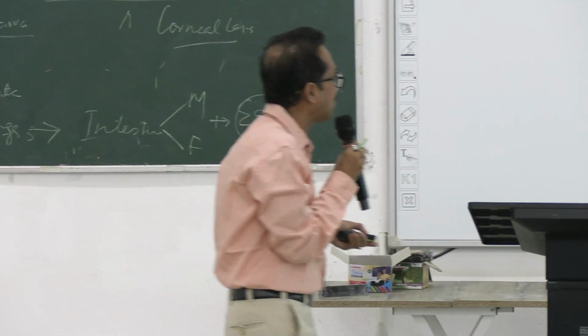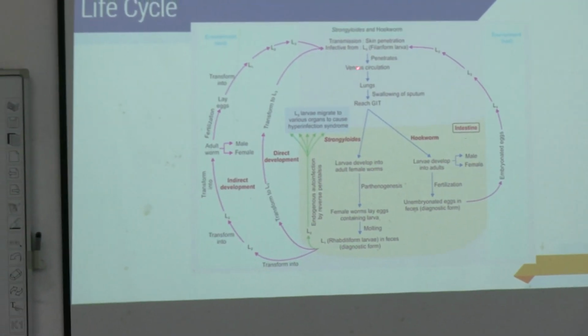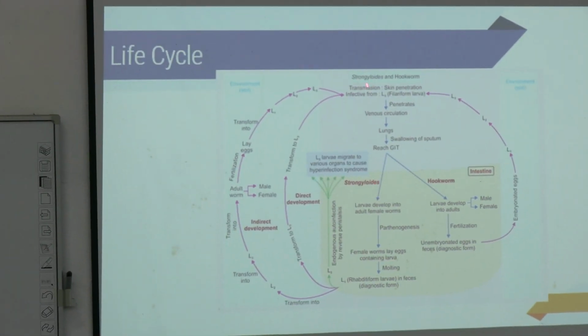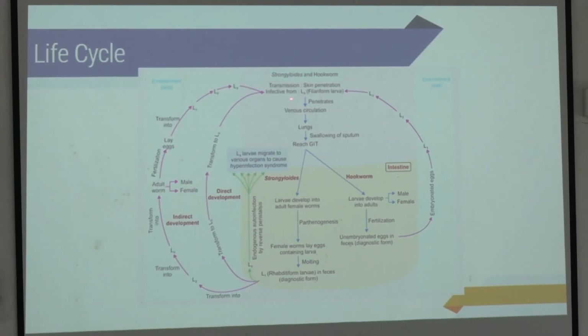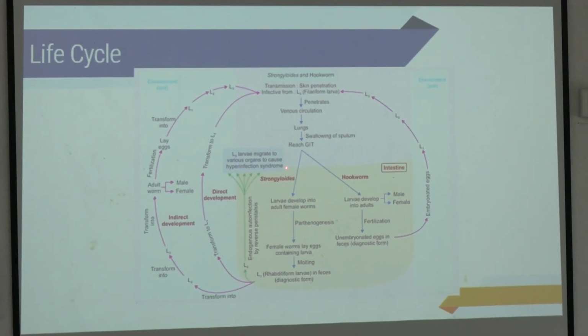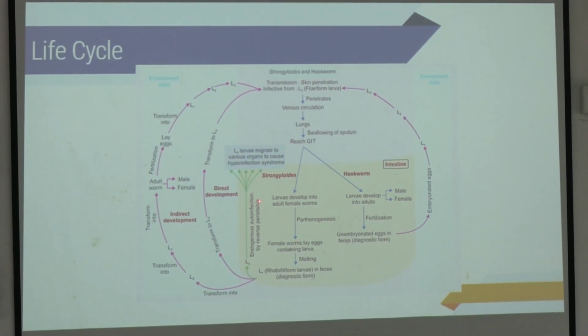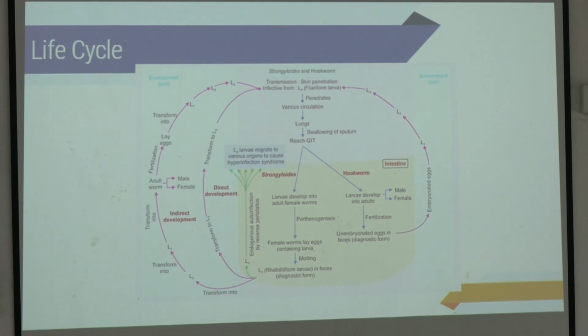The larva is the diagnostic form and this is the life cycle. This is a somewhat complicated life cycle for strongyloidosis. As in the case of hookworm, the L3 larva goes through venous circulation to the lungs, and the larva develops into adult female worm. There is one point: in strongyloidosis, in the human intestine, you don't get the male.